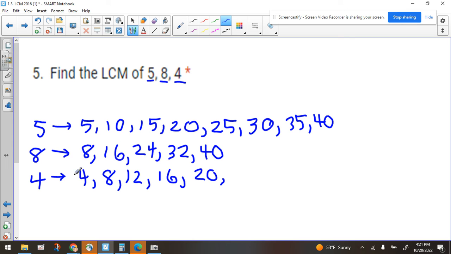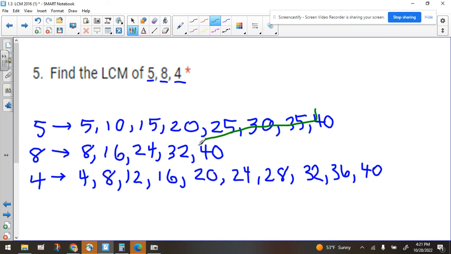So this is an unfinished list: 4 times 1, 4 times 2, 4 times 3, 4 times 4, 4 times 5, 4 times 6, 4 times 7, 4 times 8, 4 times 9, 4 times 10. Now, do you see how 40 is in all three lists? 40 is in all three. So the LCM of 5, 8, and 4 is 40.